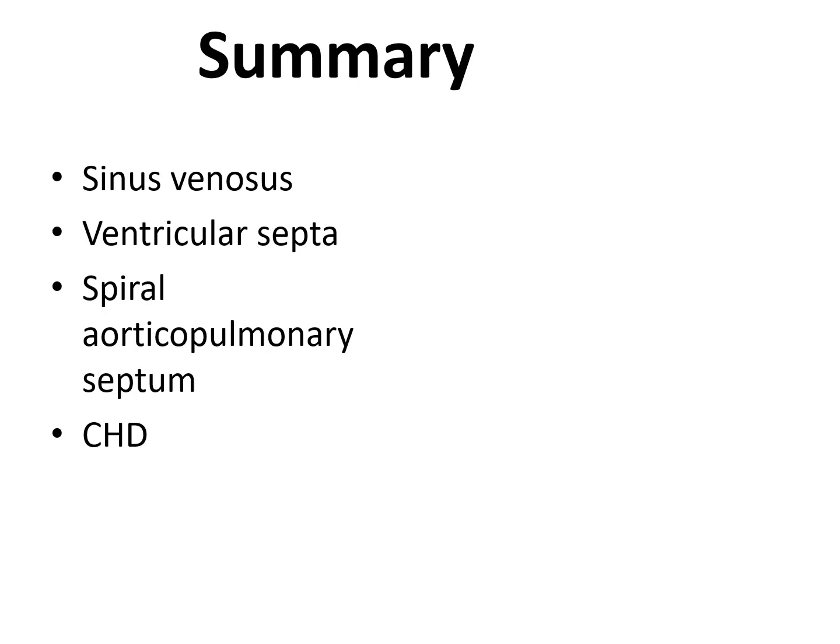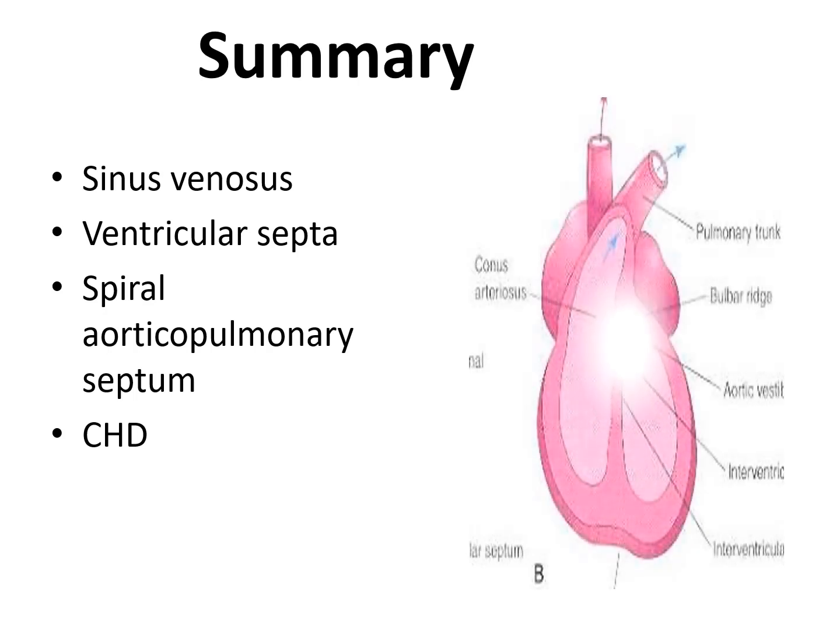So in this second part, we talked about the sinus venosus. It is very important in formation of the superior vena cava, inferior vena cava, the smooth part of the right atrium. We talked about the ventricular septum. We have two septa, muscular and membranous, and we can get ventricular septal defect if we have problems in this septum.